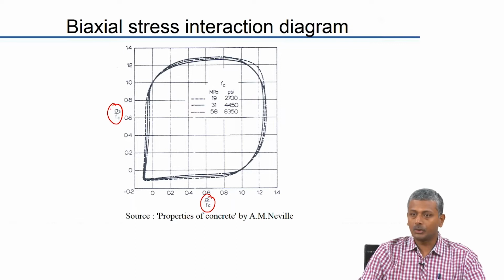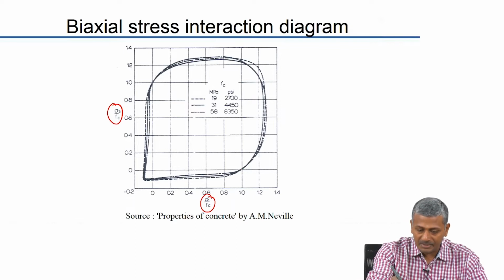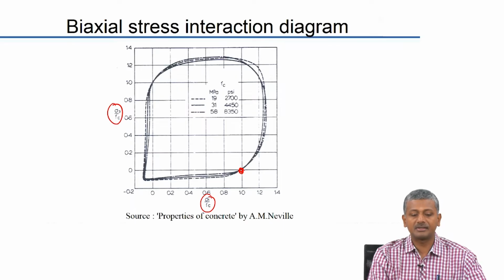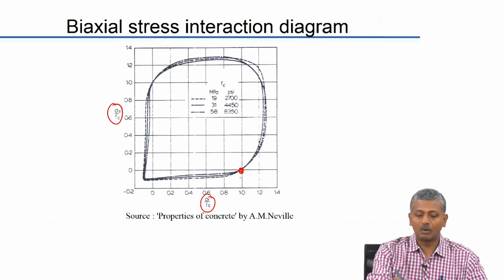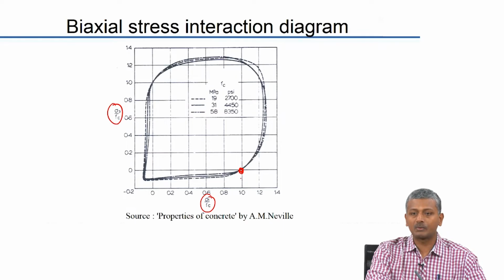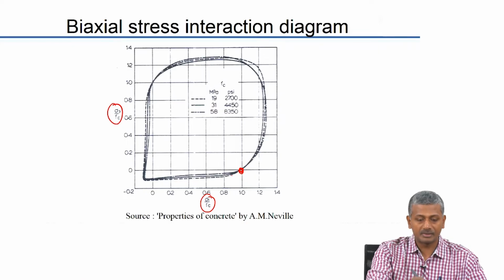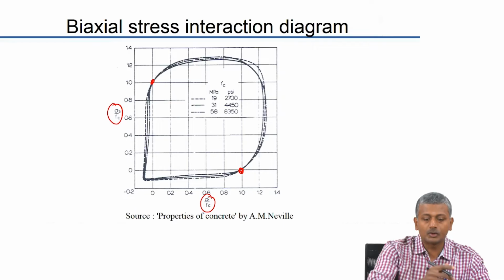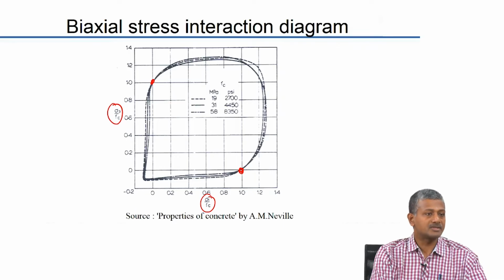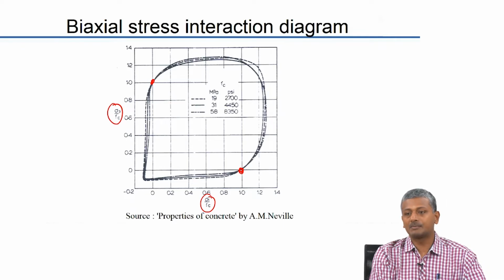So, the uniaxial case is obviously represented here, when the stress sigma 1 over Fc is equal to 1 and sigma 3 over Fc is equal to 0, right. Similarly, that is also your uniaxial case where sigma 3 over Fc is 1 and sigma 1 over Fc is 0. Now, what happens when you have equal sigma 1 and sigma 3?